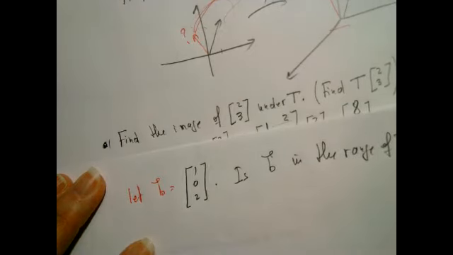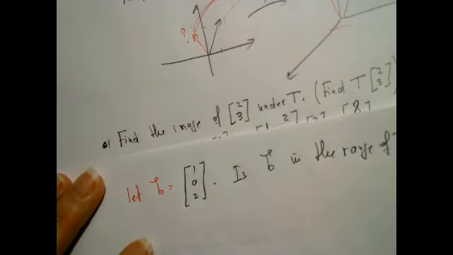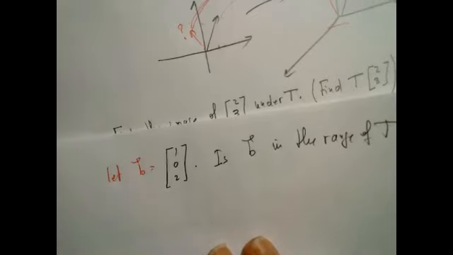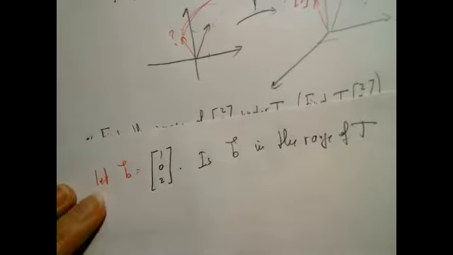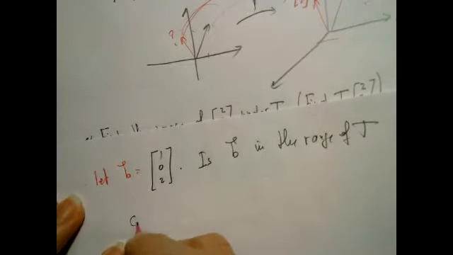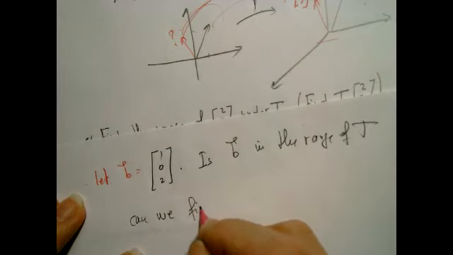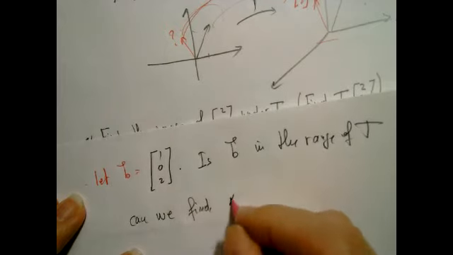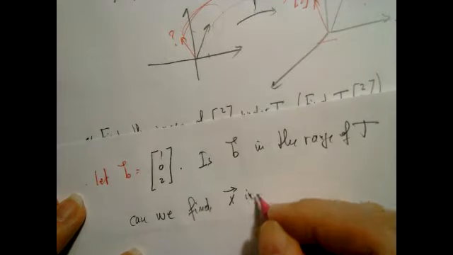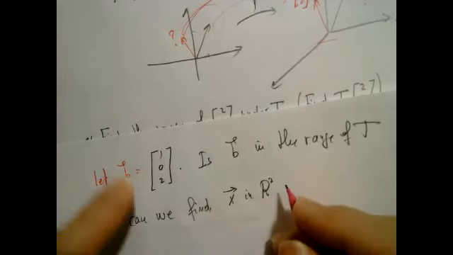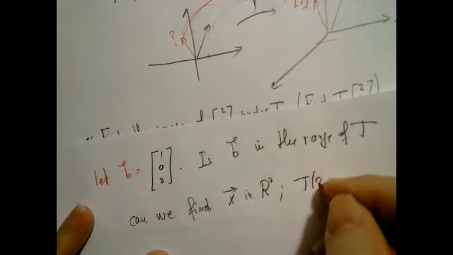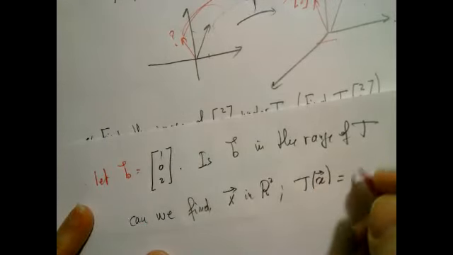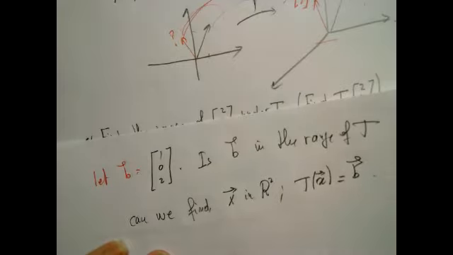Basically, we're trying to generalize the language of functions. That's really what we are doing, at least for today. So is B in the range of T? What does this mean? It means, can we find a vector X in R2, an input vector, such that T of X equals B? That's really what it means.